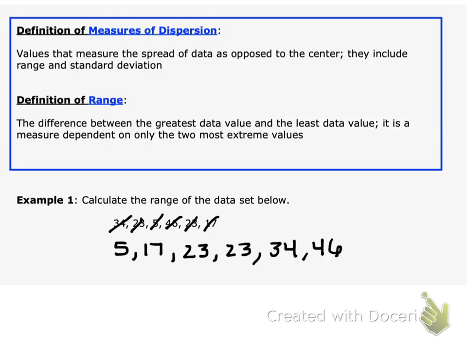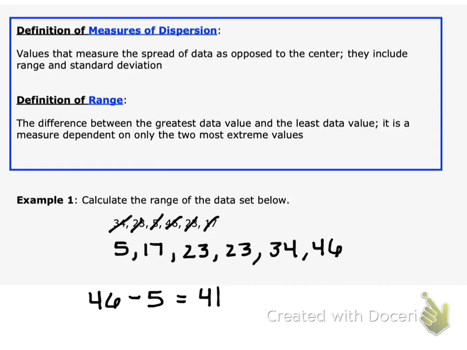But for our range, we're going to take that largest value and subtract the smallest. So our range is 41. Essentially what that means is whatever this unit is, the spread of data covers 41 units, 41 numbers.